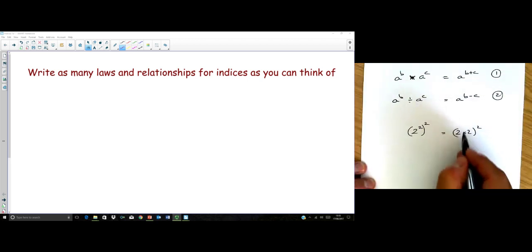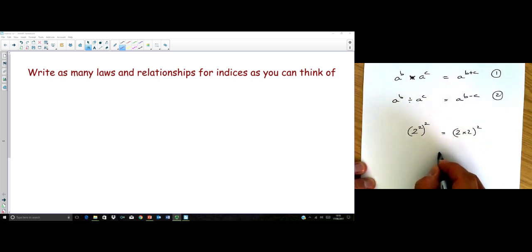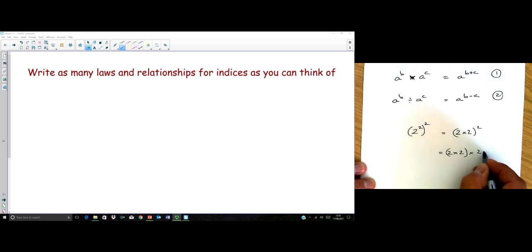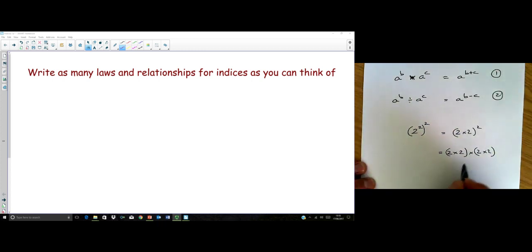We know what squaring means: basically times it by itself again. And so you'd end up with 2 times 2 times by 2 times 2. If we get rid of these brackets, you've ended up with 2 times 2 times 2 times 2, which is 2 to the 4.